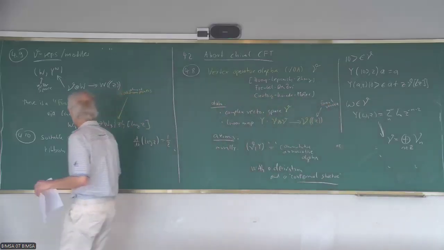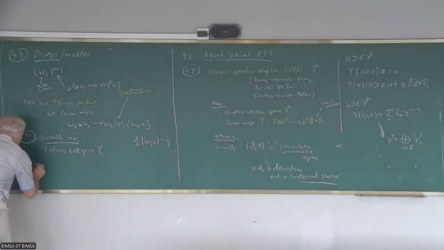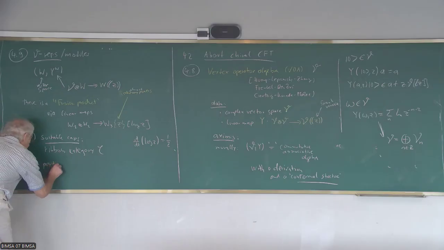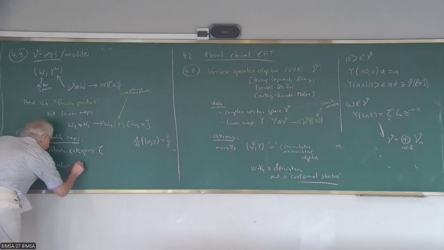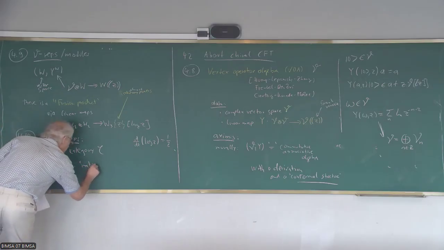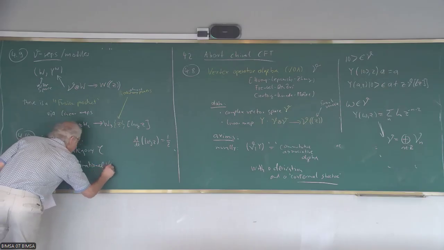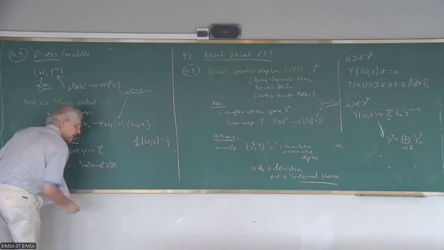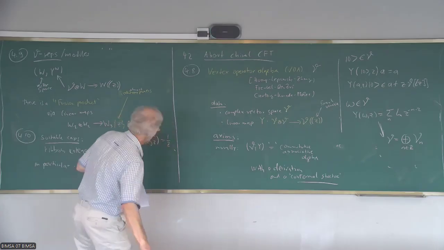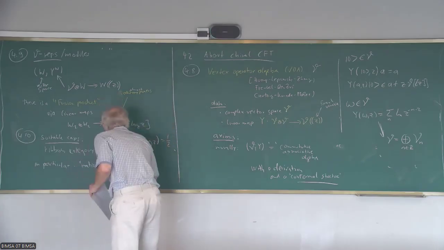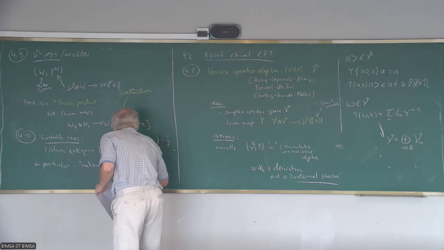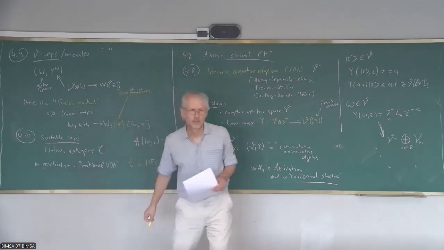And in particular, there is a notion of a rational vertex operator algebra. This, as I already said, means that C is a modular fusion category.